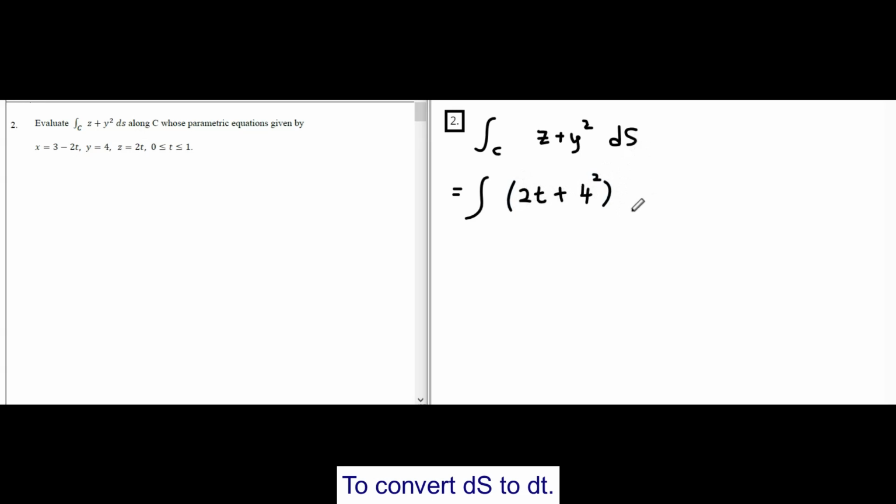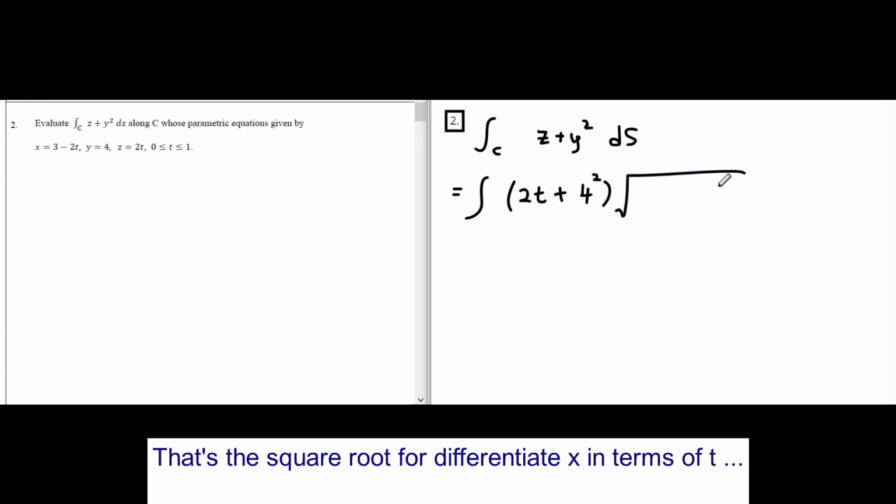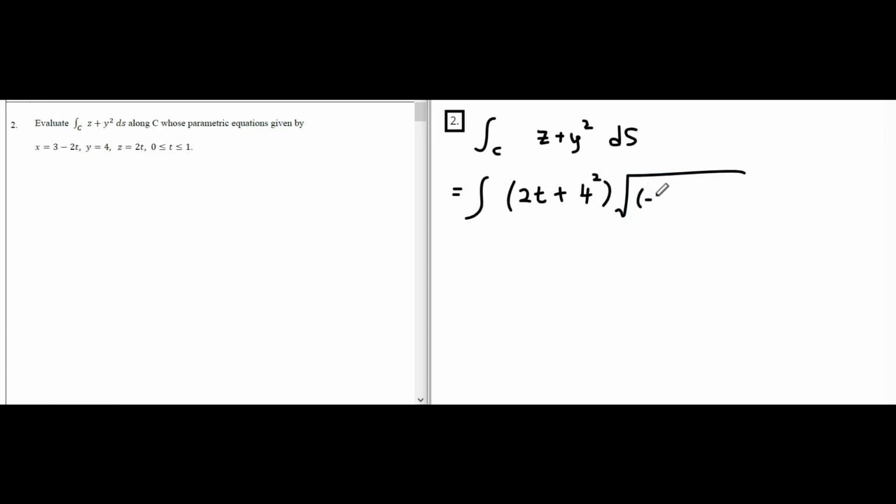To convert ds to dt, it is the square root of differentiate x in terms of t. Differentiate the y.